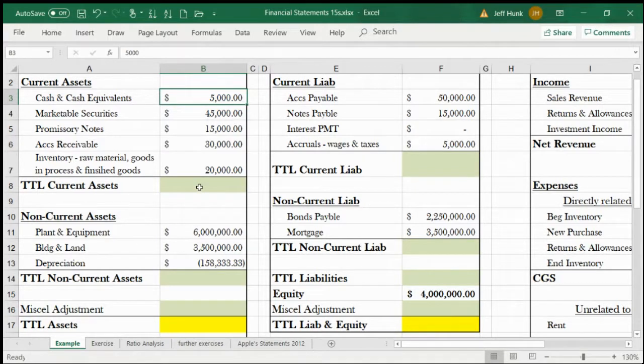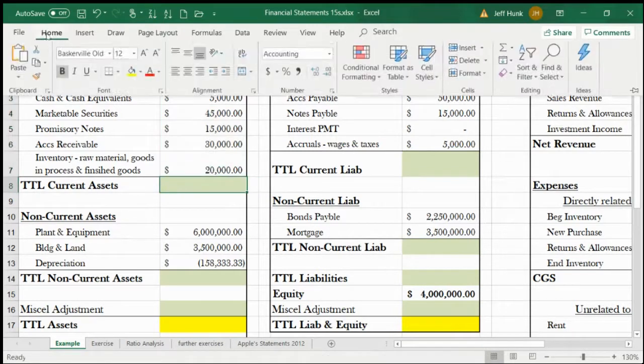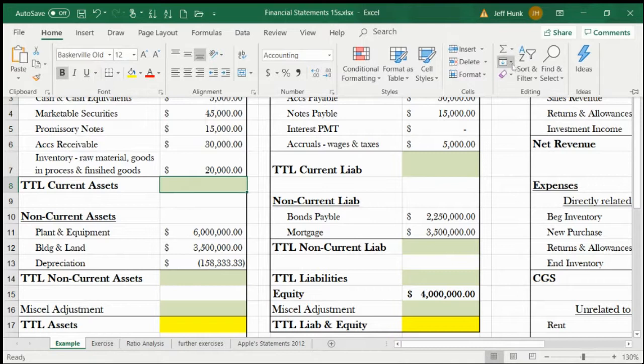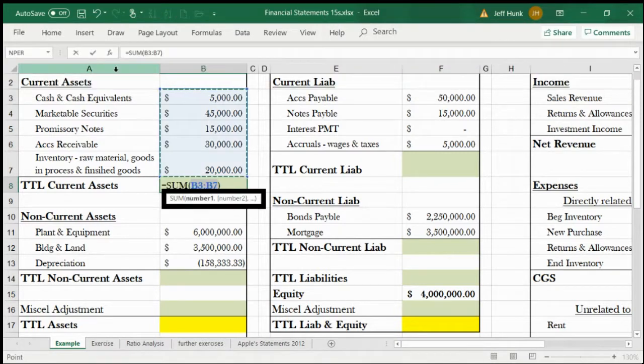Now, so if these are the current assets, total current assets is simple. All you need to do is use the auto sum, the easiest thing.